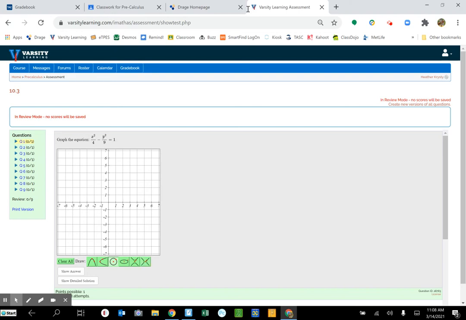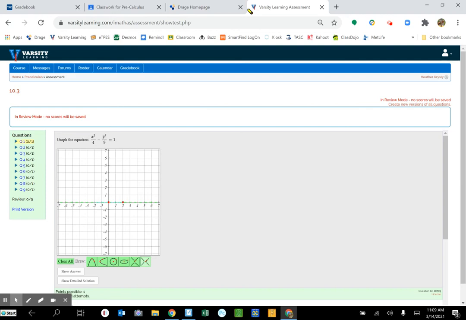This guy, x squared over 4, y squared over 9. So x squared comes first, so it is going to be a horizontal hyperbola. So I'm going to pick the right tool and then start at your center. So I know this thing's going to start at 0, 0. So I'm just going to put a point there. And then I'm going to drag out 2, because if I take the root of 4, that's 2. So my a is going to be 2.